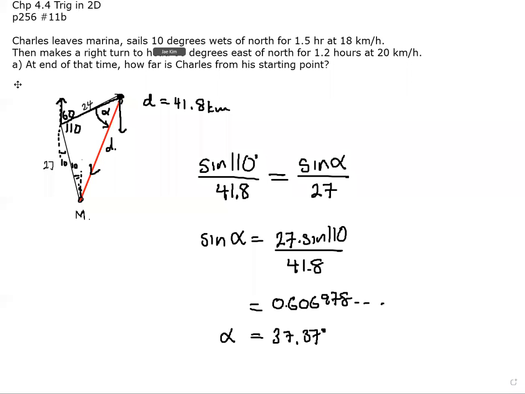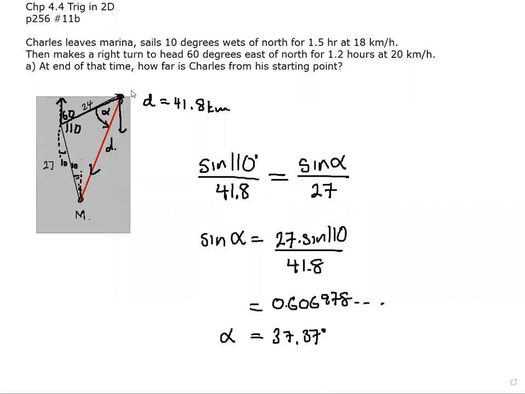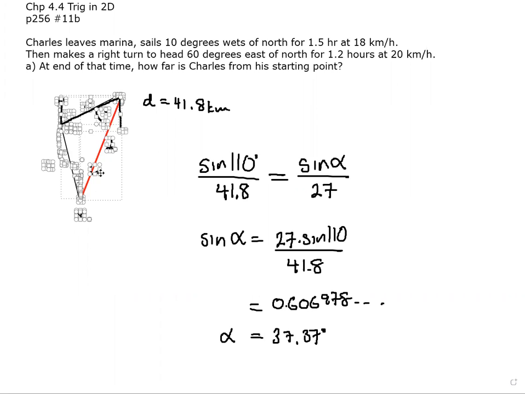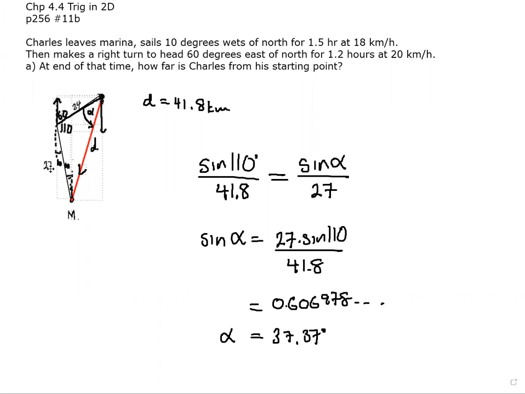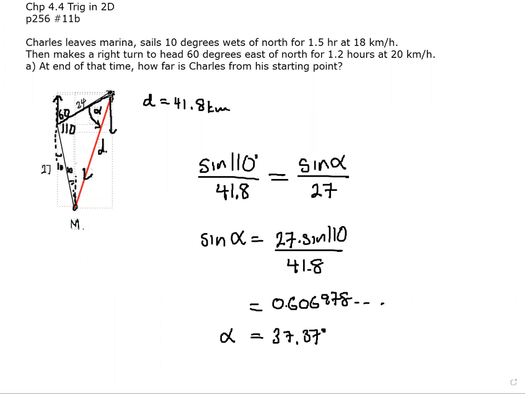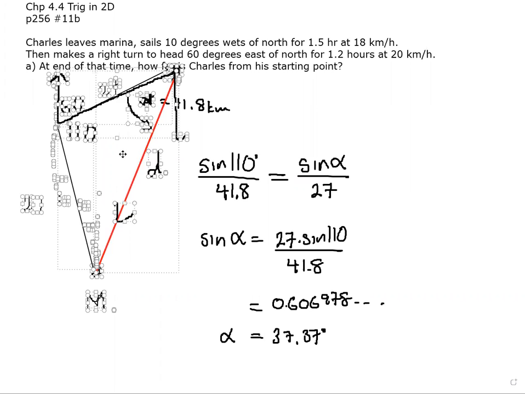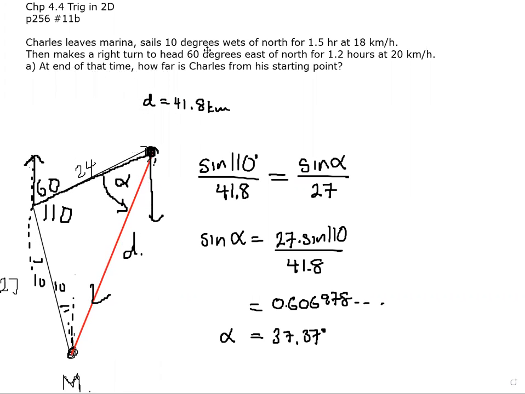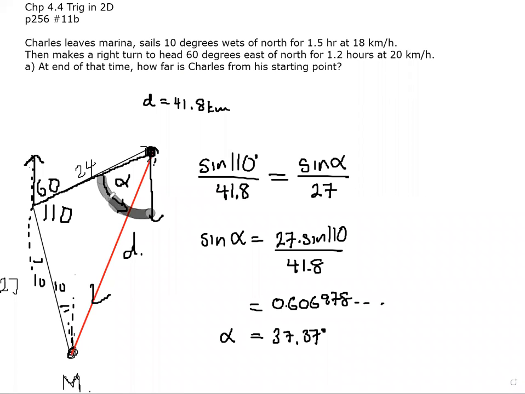Okay, let me zoom in on this triangle. I just said that if I have this side of the triangle, this entire thing, which is a 60, and I subtract from using this portion, then what I have left is that portion.